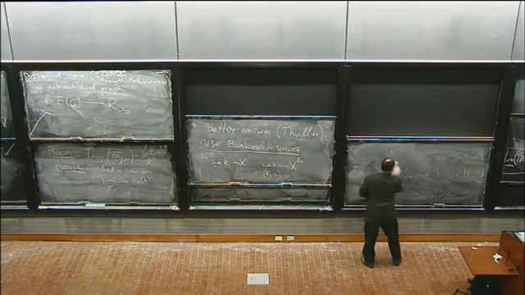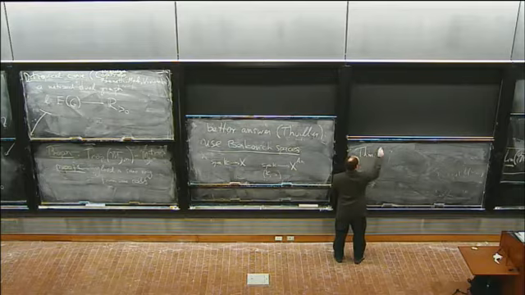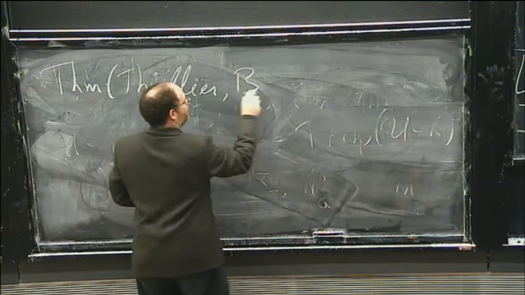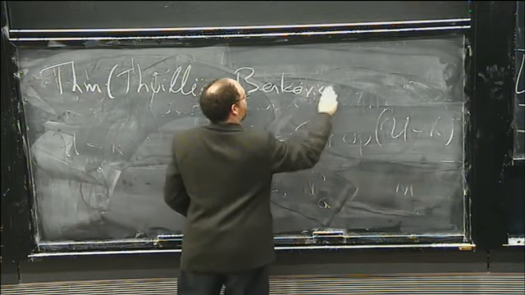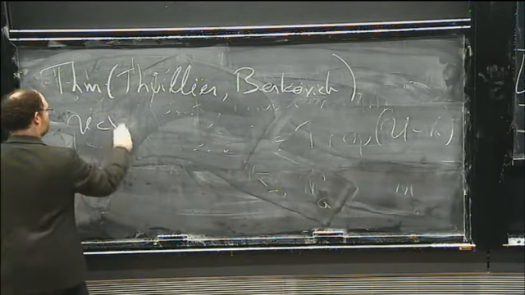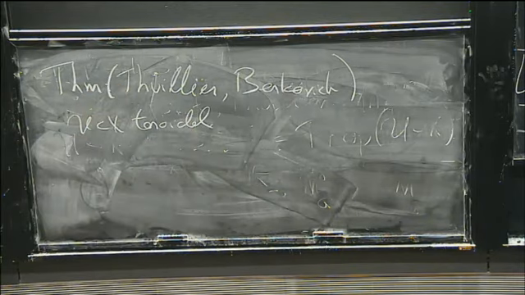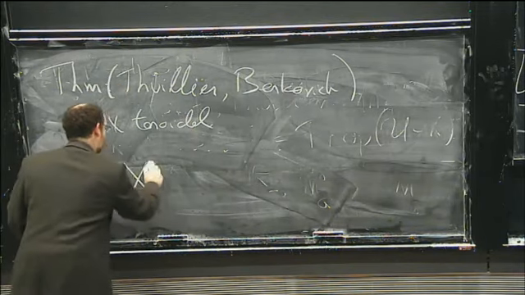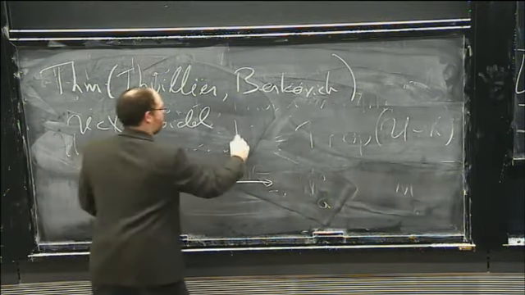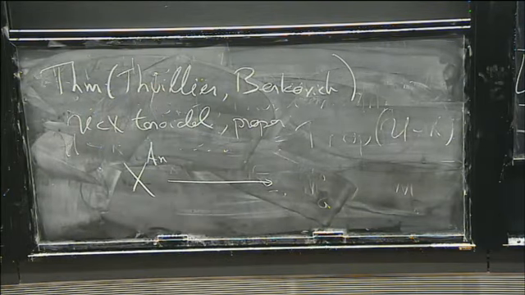But there's a theorem of Thuillier, which builds on work of Berkovich. It says that if you have a toroidal embedding, then you have a canonical map from the analytic space associated to X. Let's say it's proper, so that we don't need to worry about details.